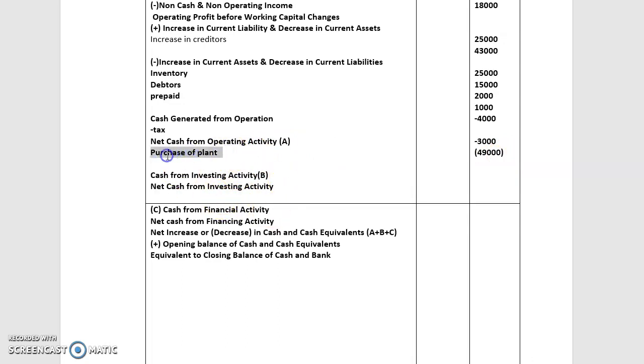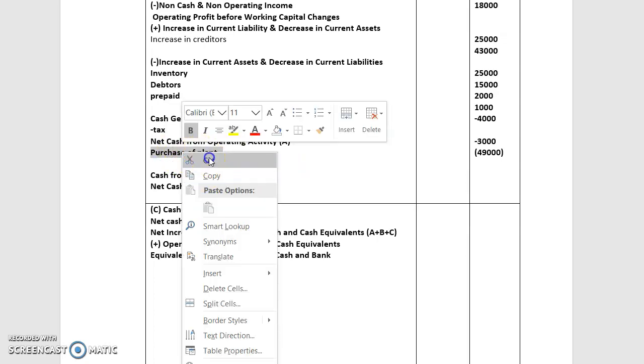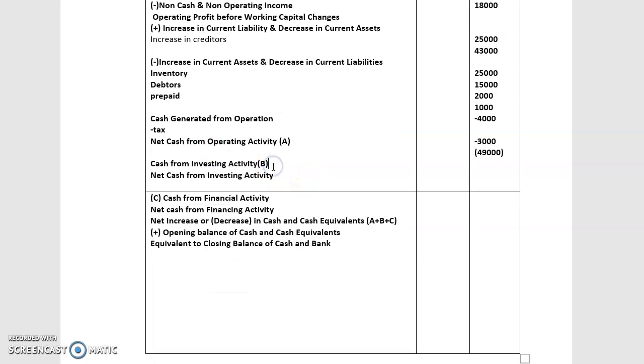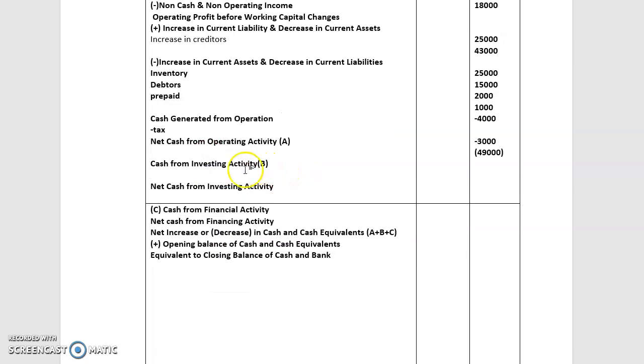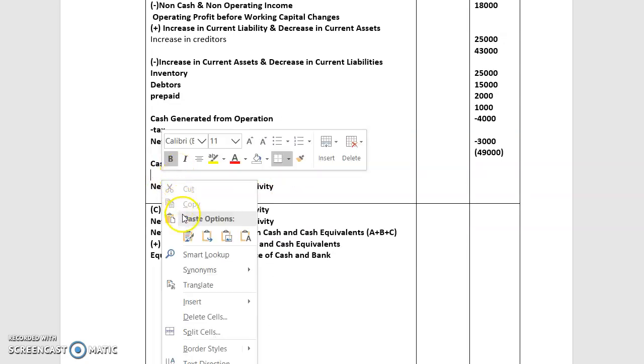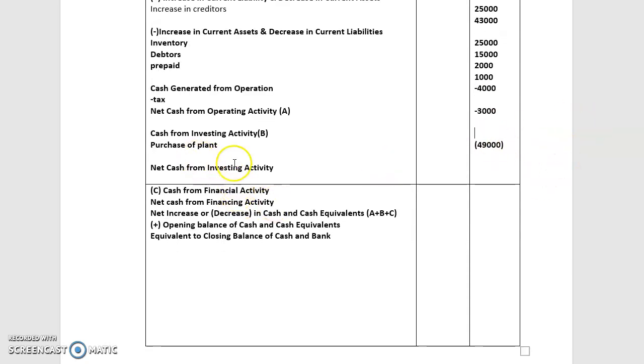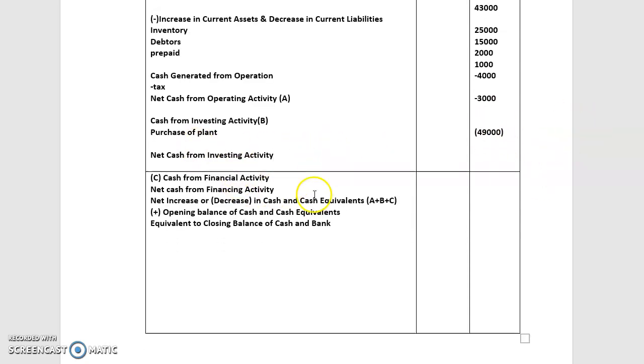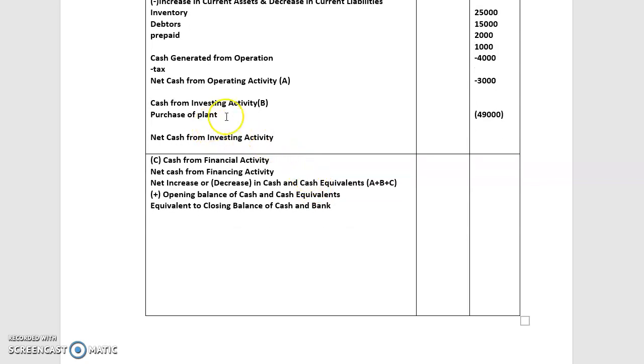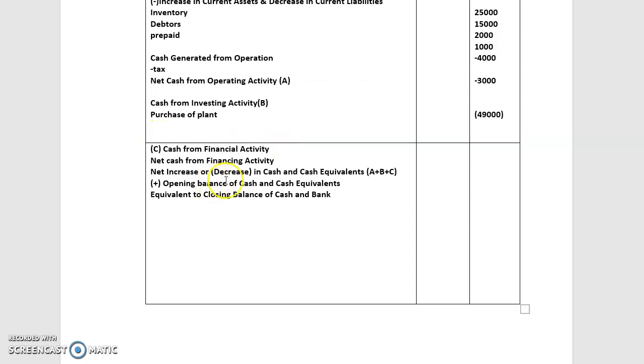This amount we have to take here. So 49,000 is the cash flow from investing activity. Now cash flow from investing activity is over, next is cash flow from financing activity.